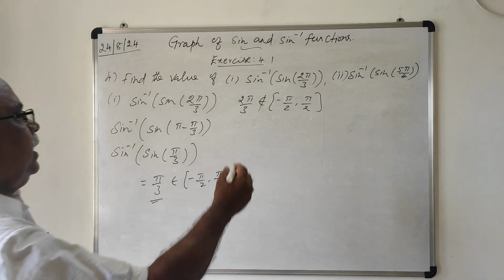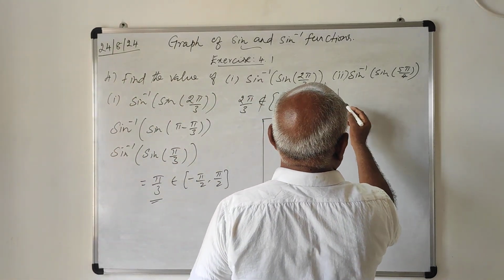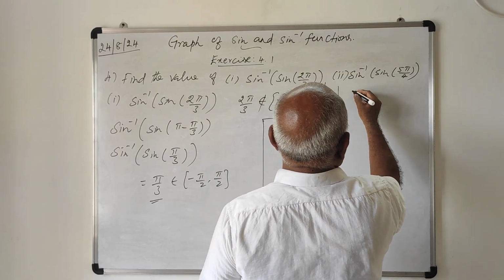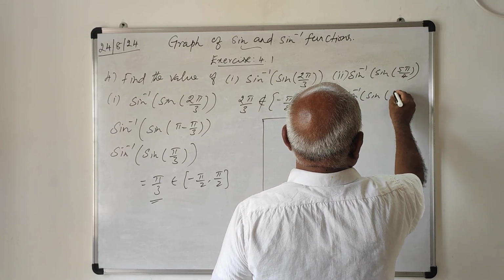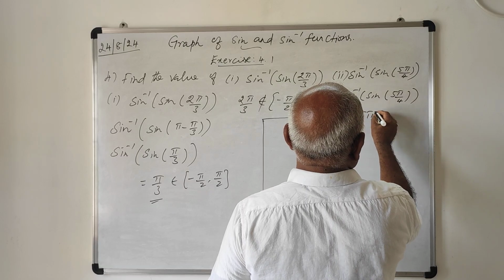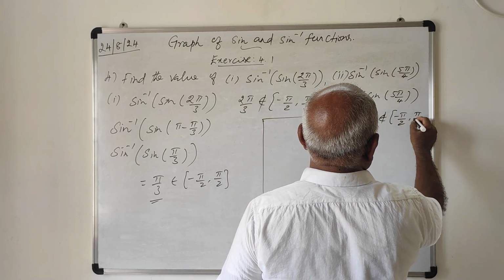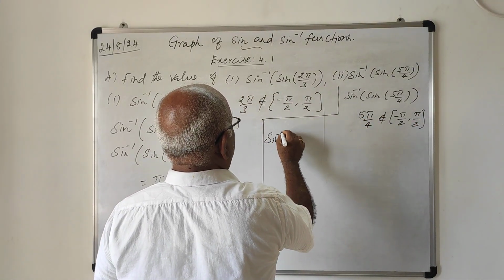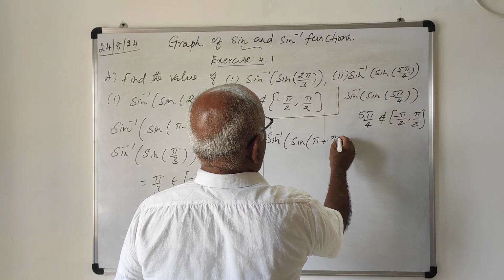Similarly, the second problem: sine inverse of sine 5π/4. So 5π/4 is again not in the domain −π/2 to π/2. This is not in the interval. Therefore, the problem is expressed as sine inverse of sine of (π + π/4).